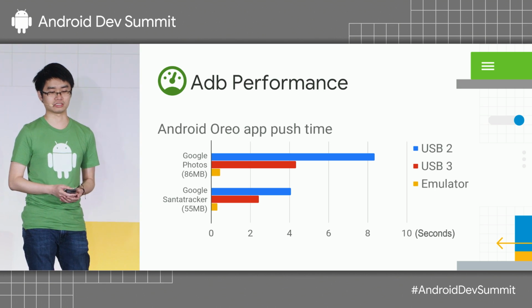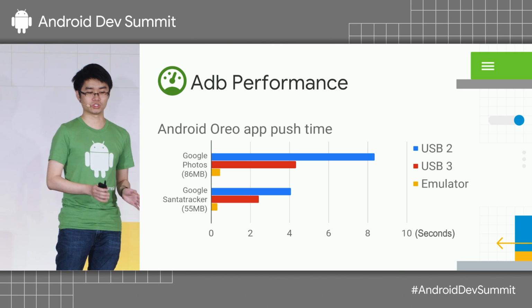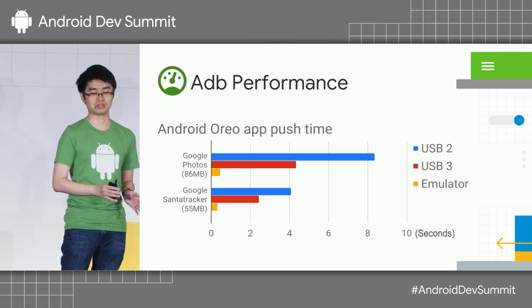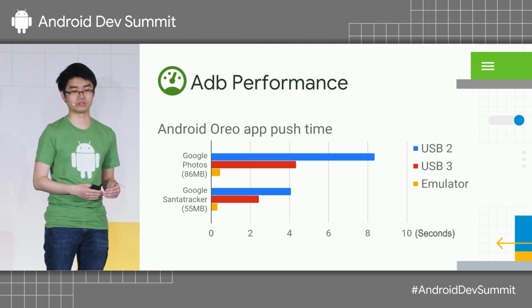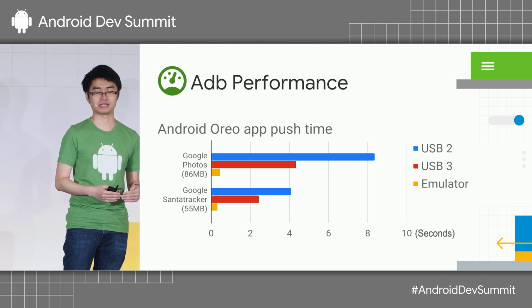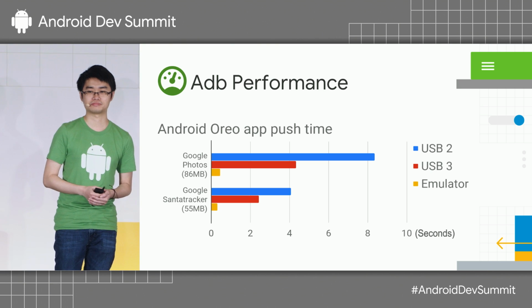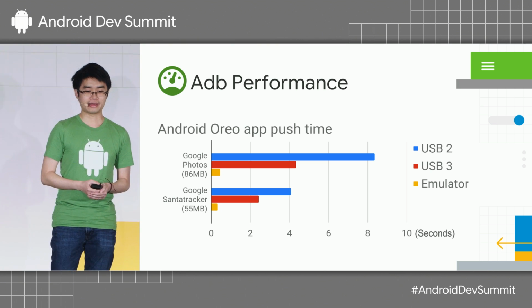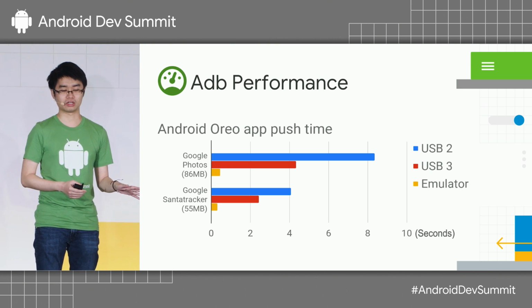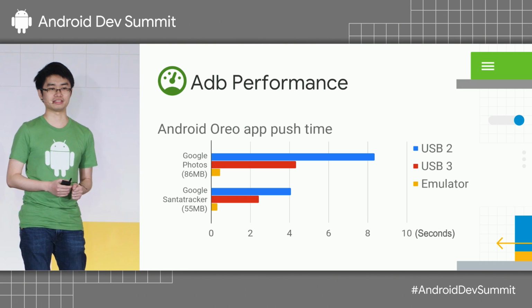Here is a chart. If you do an app push on the emulator, the Google Photos app takes approximately 0.5 seconds, which is a lot faster than USB 2 or USB 3. And these are the charts on an Android Oreo device.